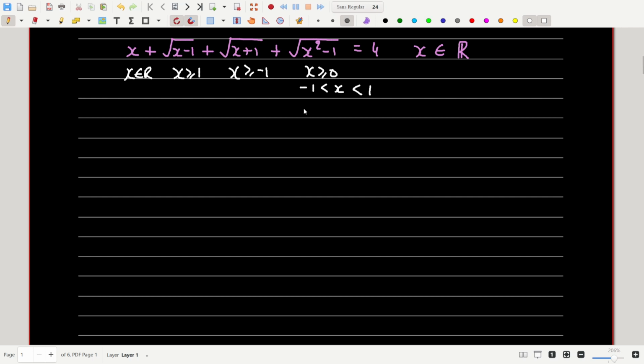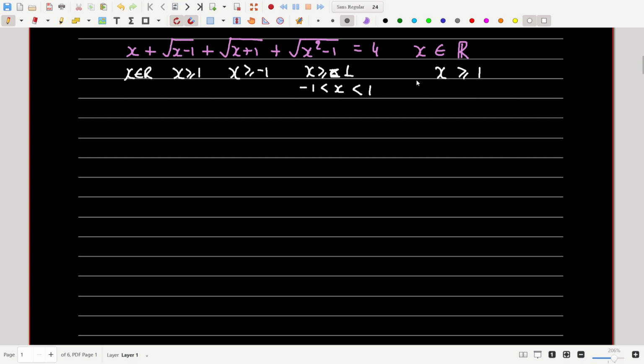So not 0 but 1. The number that satisfies all the four conditions is x greater than or equal to 1. So x cannot be less than 1. So this is what this means.